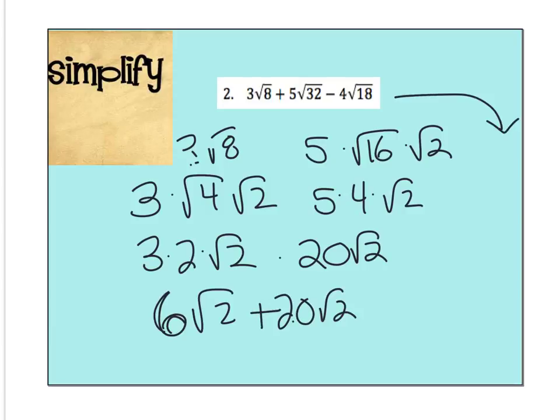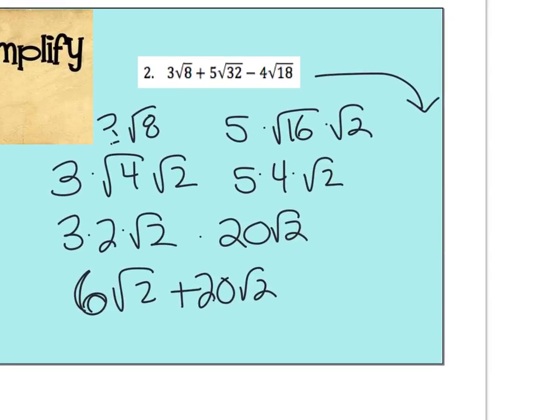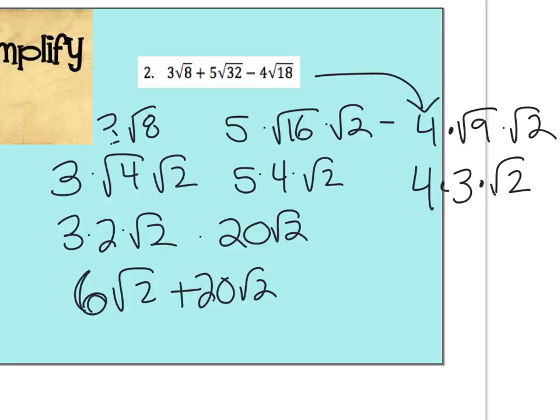Now I've got this last piece, and I'm hoping you're starting to recognize that I can break some of these apart into simpler things. Square root of 9 is 3, square root of 16 is 4, square root of 4 is 2. So this becomes 12 square root of 2. Then I just bring the sign with it, minus 12 square root of 2.